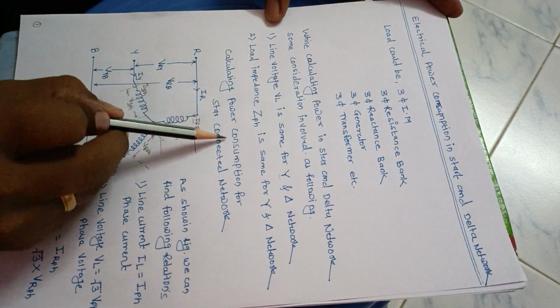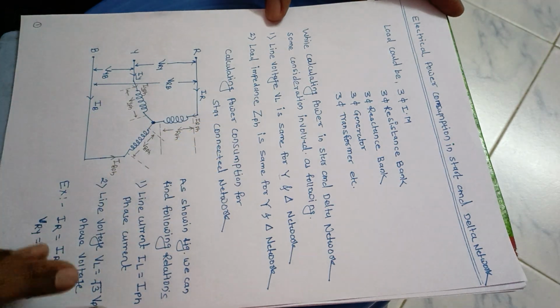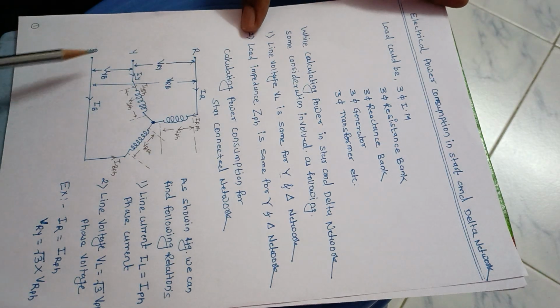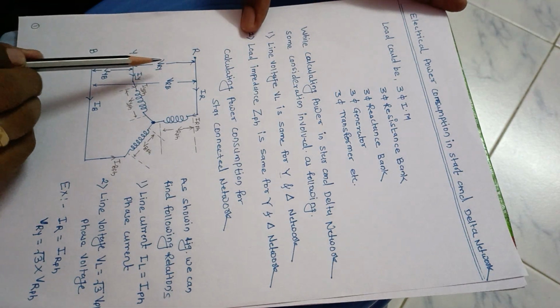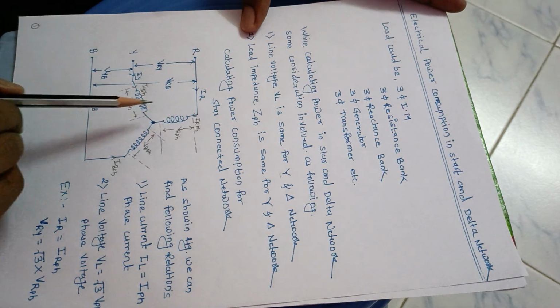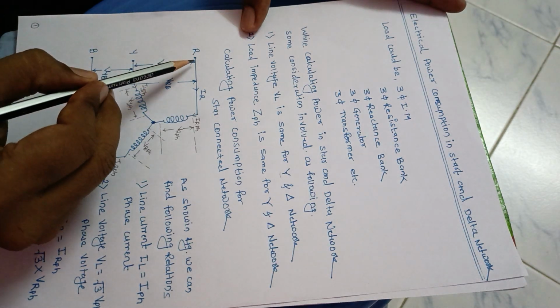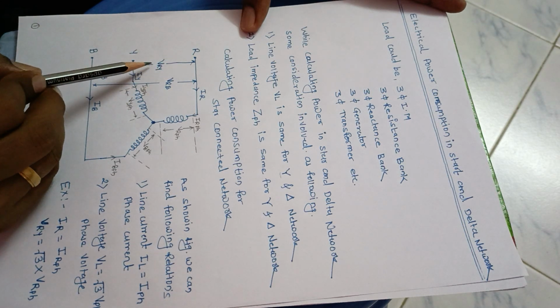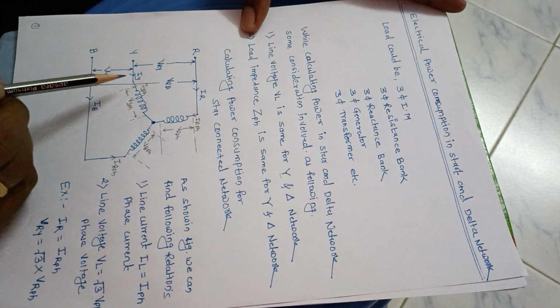Now, calculating power consumption for the star connected load. In this figure we see the star connected network. In it, we have the R, Y, B phase windings. Between the R and Y phases is the line voltage, VRY, and the same for the remaining phases.